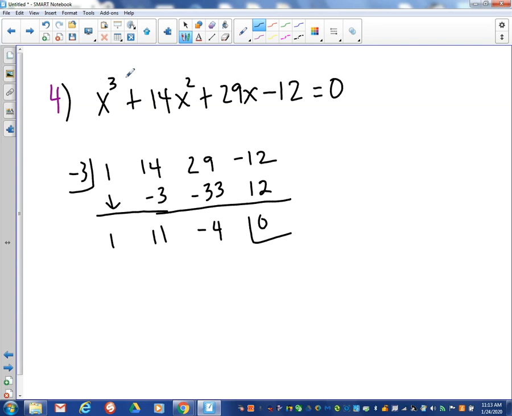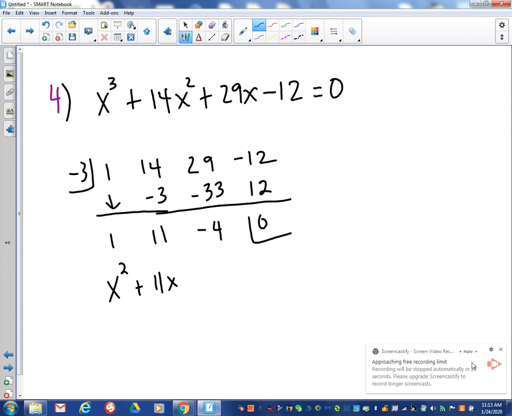If I'm trying to find all of them, I know there are 3 of them. So I have x squared plus 11x minus 4 equals 0, and then I can use the quadratic formula or something else to help me solve for the remaining ones. Okay, so that's the idea. So if you can, try the rest of these notes by yourself.